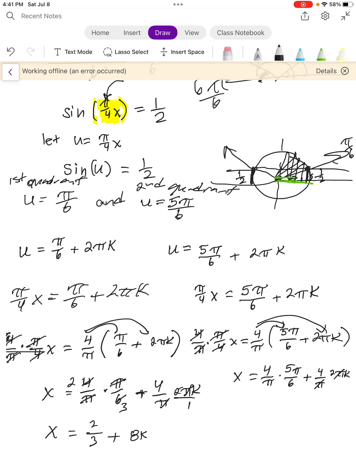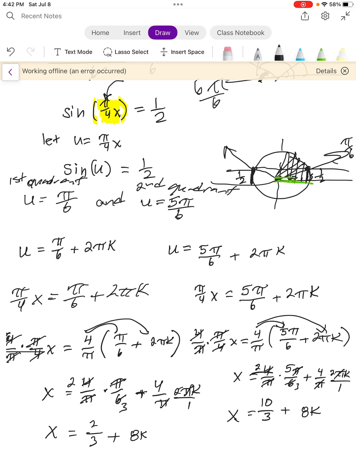These pi's are going to cancel. Again, divide by 2: 4 divided by 2 is 2, 6 divided by 2 is 3. Now we can multiply across on top, and you get 10 over 3 plus, multiplying across, 2 times 4, which is 8k again. So those are our two solutions.